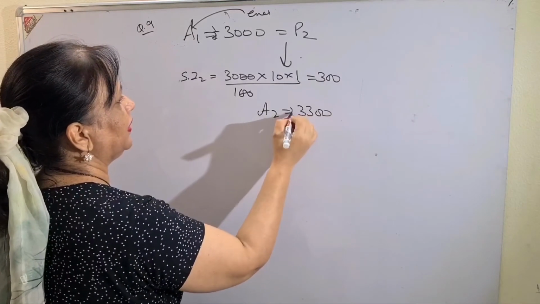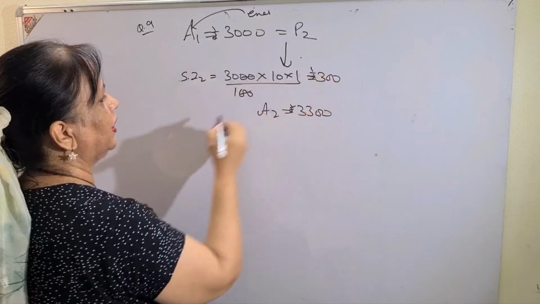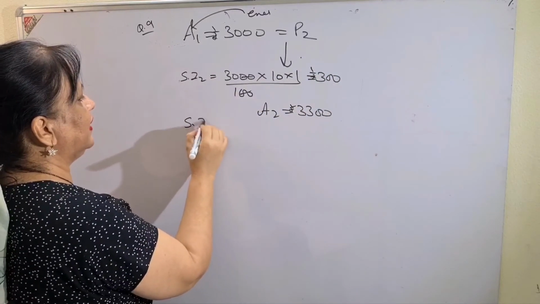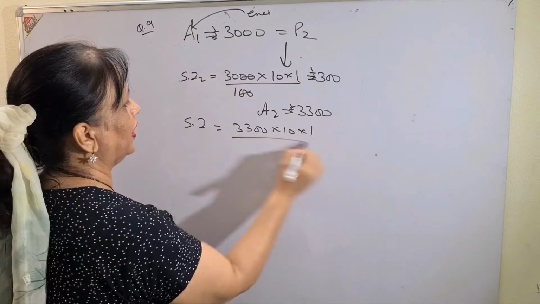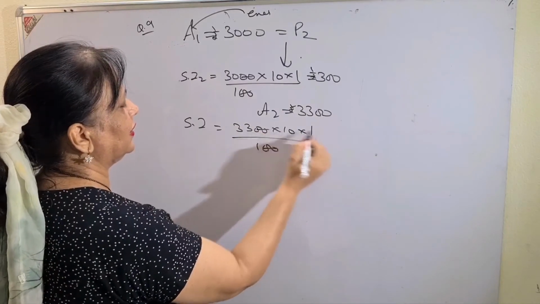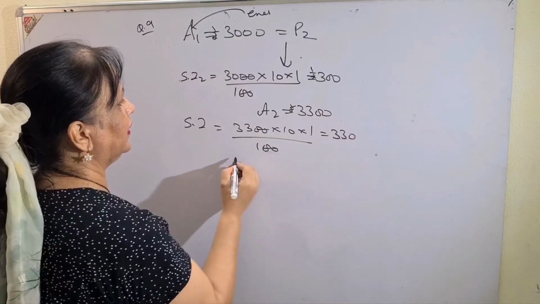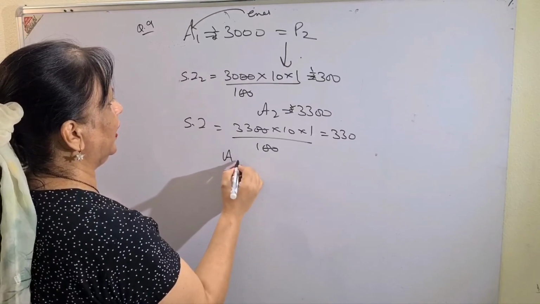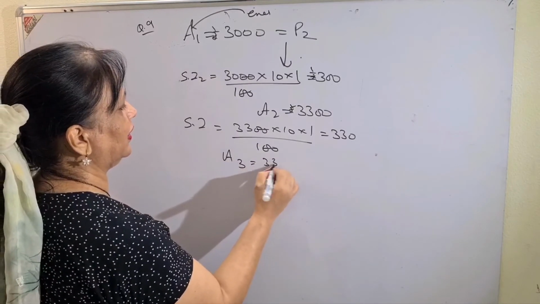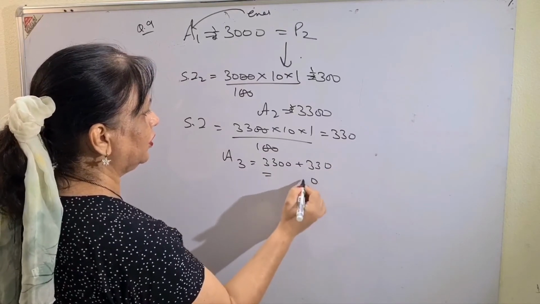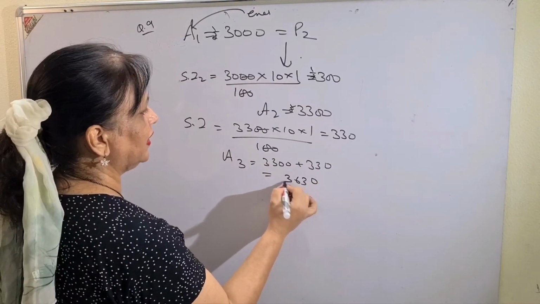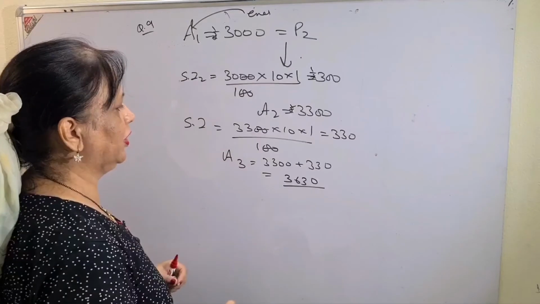Please be careful about the units. SI3 will be 3300 into 10 into 1 upon 100. Again you get 330, and then A3 will be 3300 plus 330, that is 3630, which will be your amount 3.